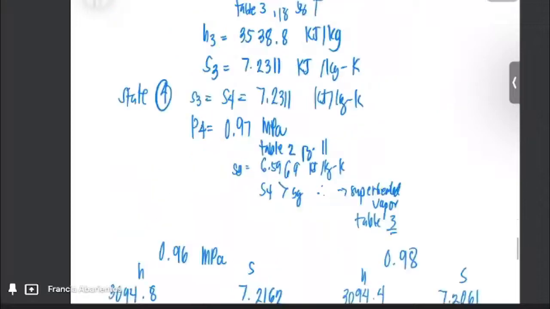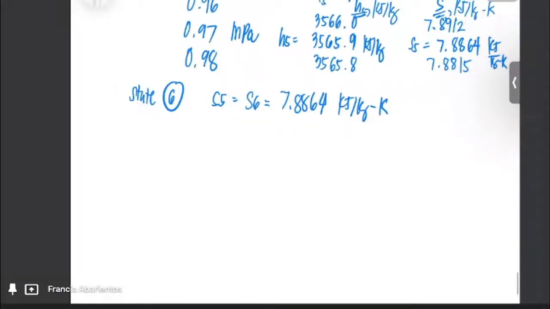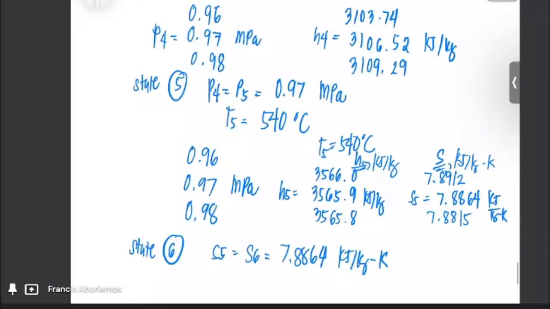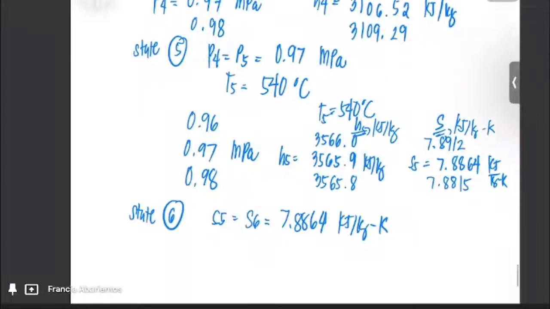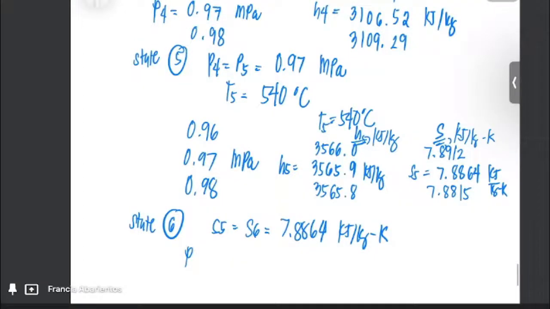Have now stage 5 and point 6. Ano yung kukunin natin class? Ano yung given sa point 6? We have the temperature at point 6, which is 60 degrees Celsius.